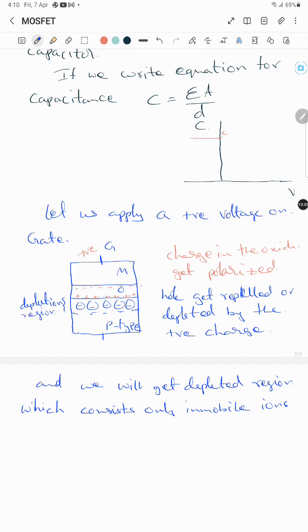So now the entire insulator is an insulating region. This extra capacitance is called depletion capacitance, CD.